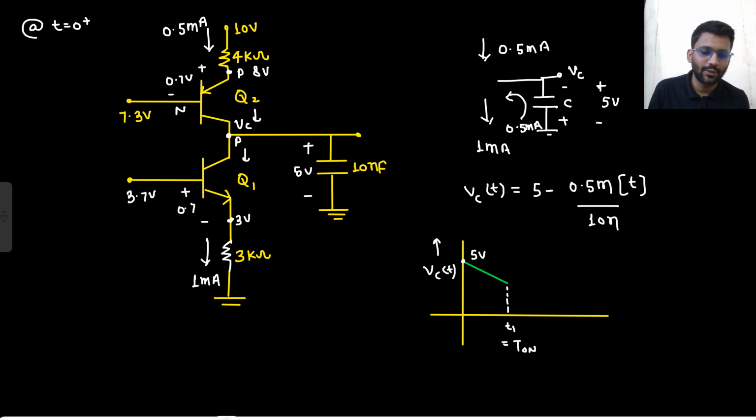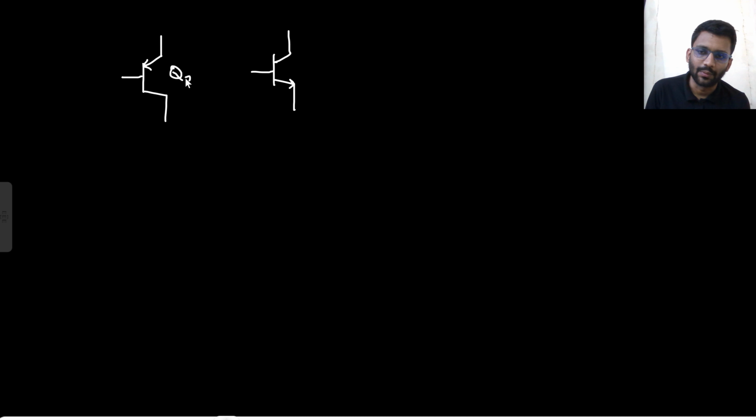Now let's make the BJTs. So let's do it on the next page. The upper one was your Q2. This was your P, this was your N, this was your P. This node was at how much potential? 8 volt, right?